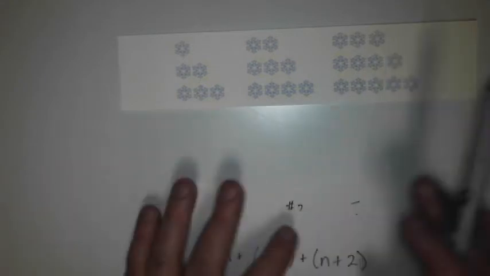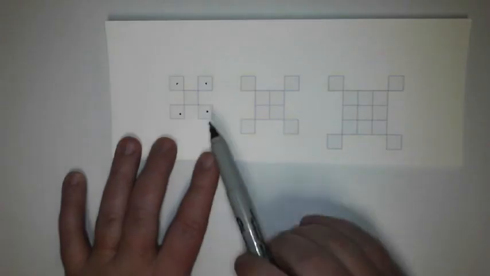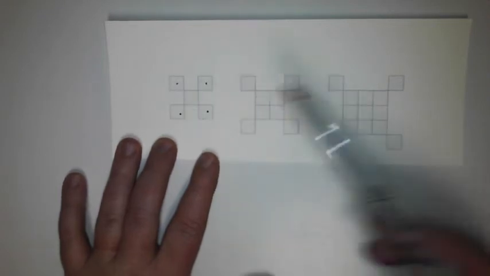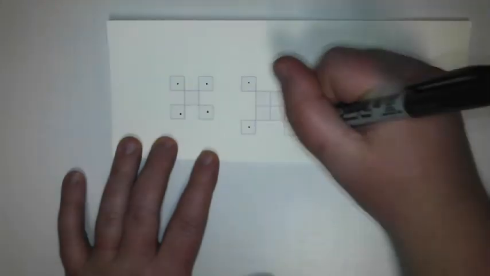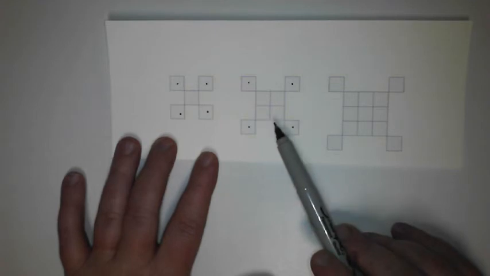Now we're going to see our last picture. Again, have a look. In the first picture, I have 4 things in the corner and a 1 by 1 square in the middle. In the second picture, I have 4 blocks in the corner and a 2 by 2 square in the middle.